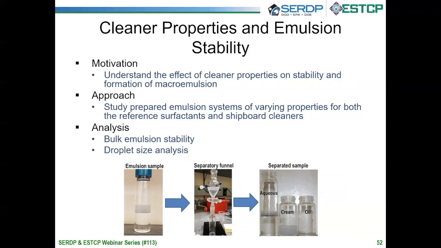We used both reference surfactants, so surfactants without any of those additional components that you would find in commercial cleaners, as well as shipboard cleaners, to determine if they were representative or comparable. The analyses we used were emulsion stability, both looking visually at whether there was an oil or cream layer, and also measuring out a separated sample into aqueous, cream, and oil layers. In addition, we also looked at droplet size analysis.